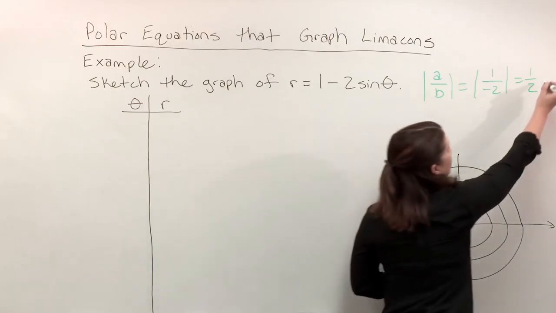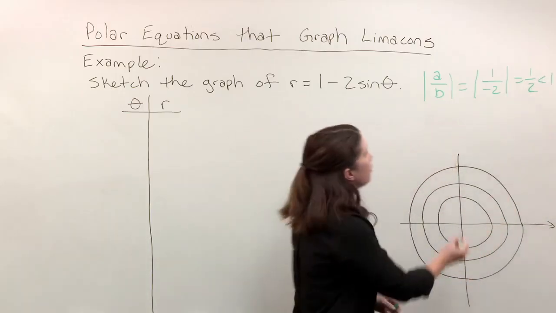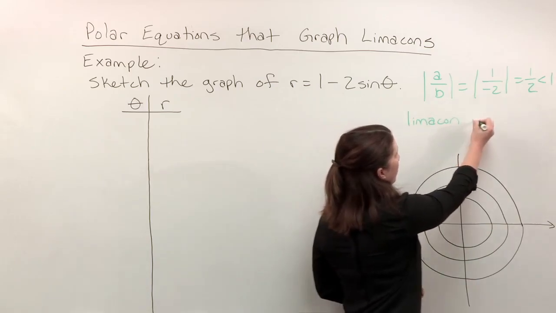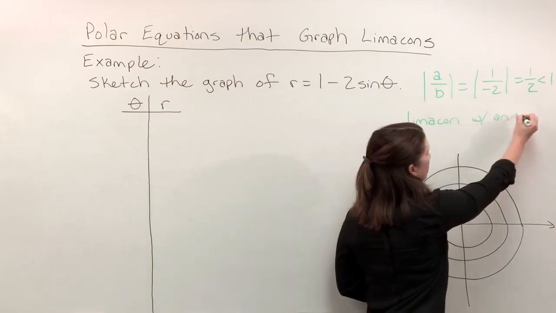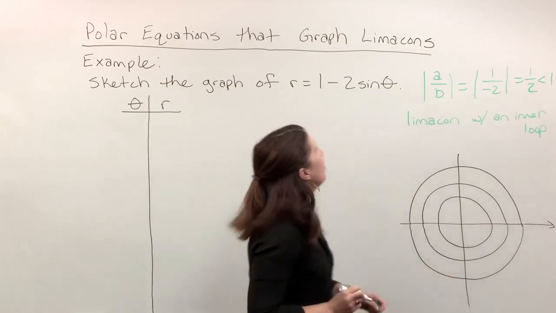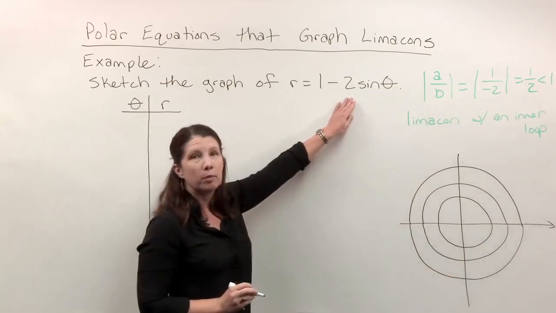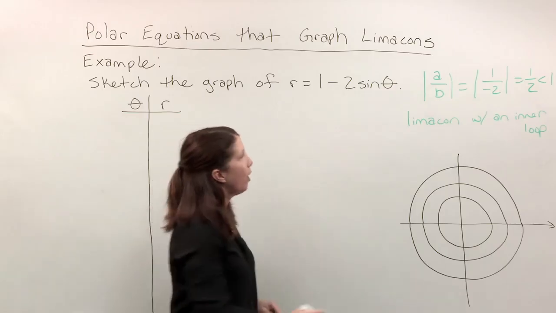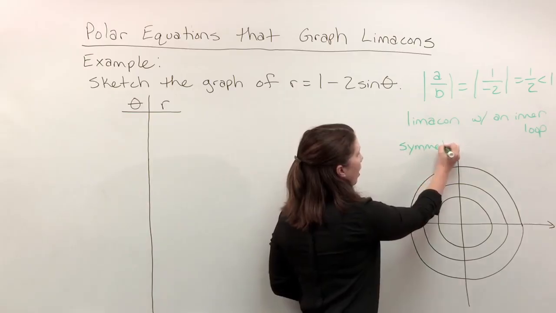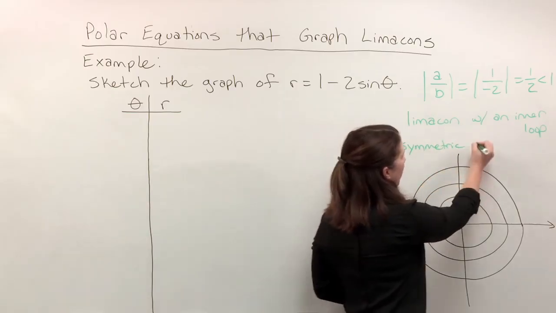Since 1/2 is less than 1, this graph is going to be a limacon with an inner loop. Because the equation is in terms of sine, I know that the graph will be symmetric about the line theta equals pi over 2.